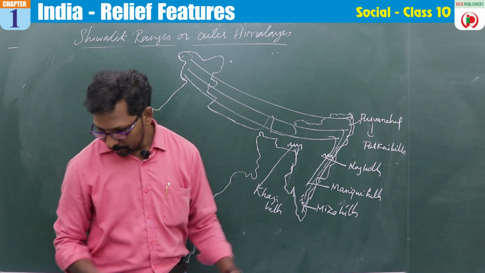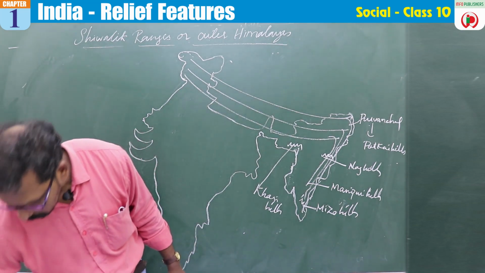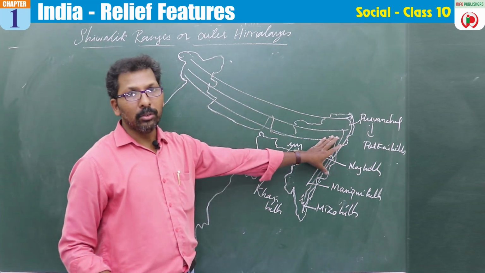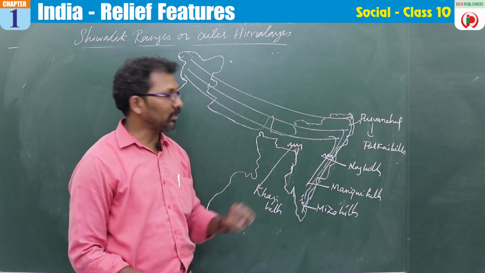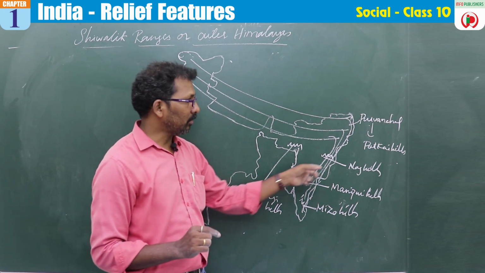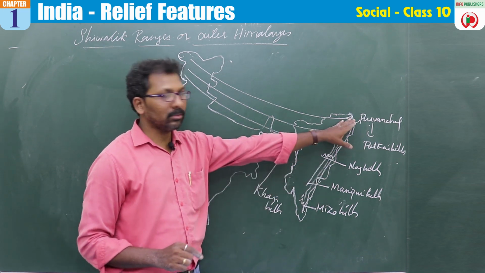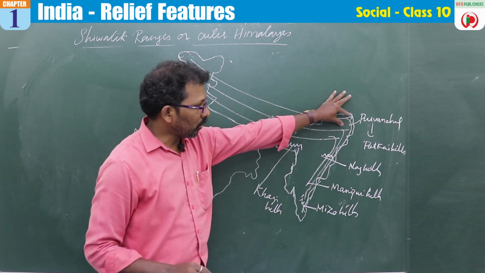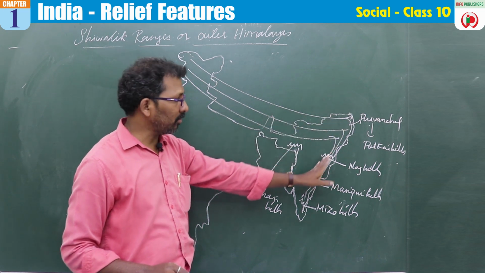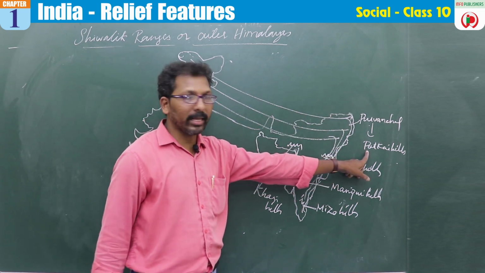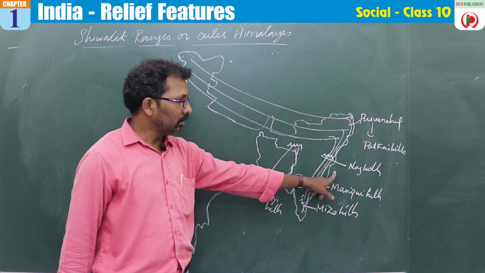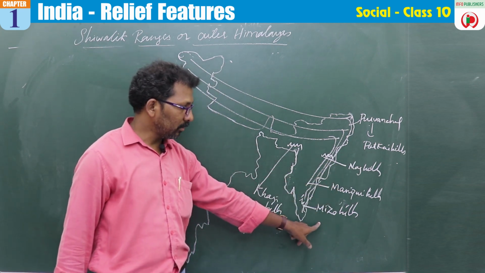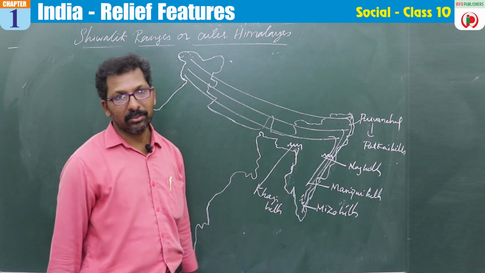You have to write that down in your textbook, page number 8. Just go through it once. Purvanchal, the eastern boundary of the Himalayas, is regionally called Patkai Hills, and these hills are known as Naga Hills, Manipuri Hills, Mizo Hills, Khasi Hills, etc.